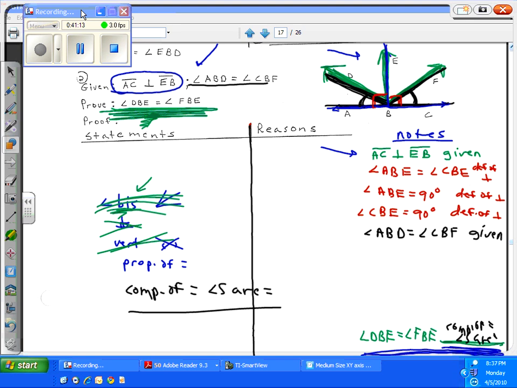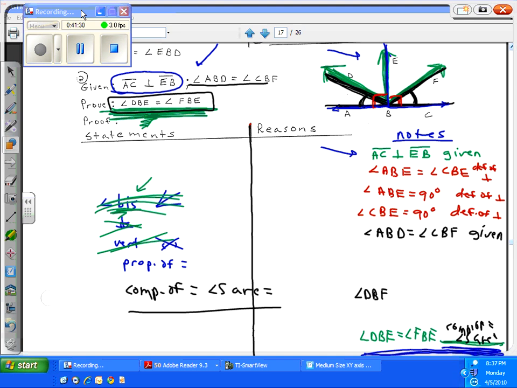So then we think, well, if I'm going to prove that these two angles are equal because they're complements of equal angles, I needed a statement saying what these are complements of.